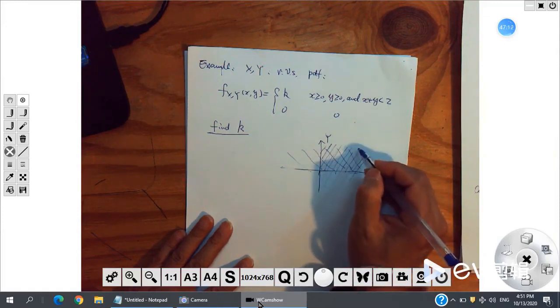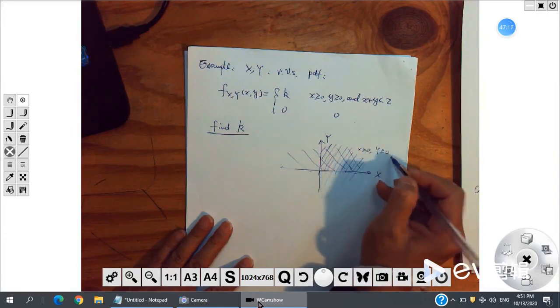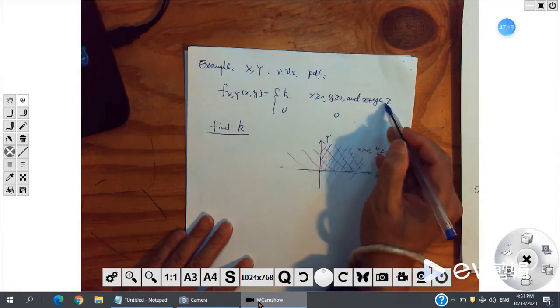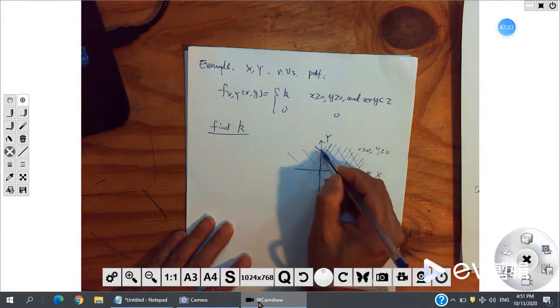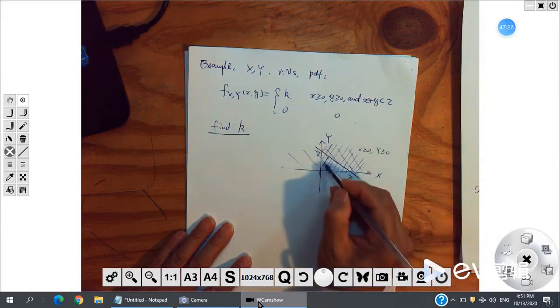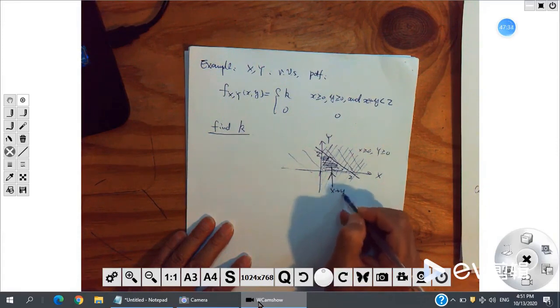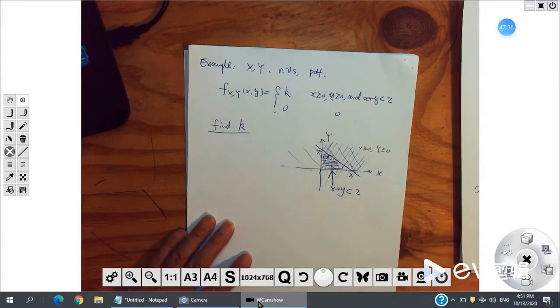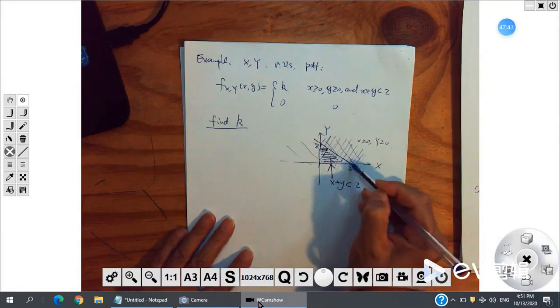So this is x positive, y positive. And also we have the summation smaller than 2, so there will be a line like this. Here's a 2, here's a 2. This part is x plus y smaller than 2. So we know the sample space will be this triangle.